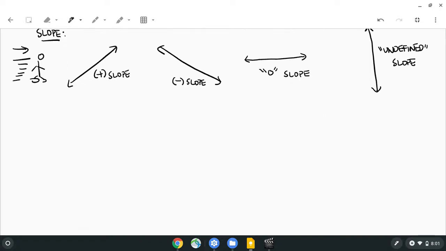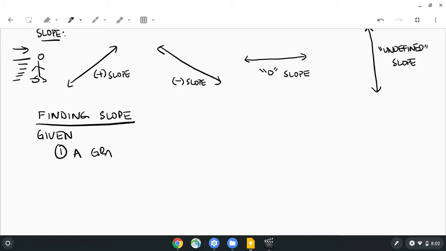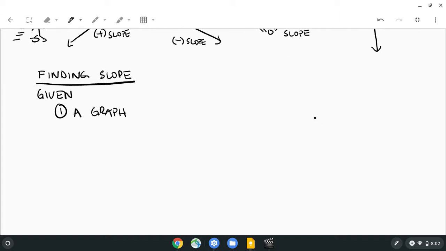All right. What we're doing here in this section is finding slope, but we're going to be finding slope in 3 different scenarios. We're going to be finding slope given, number 1, a graph. So if you have a graph, we're going to take a look at how to find the slope of that graph.